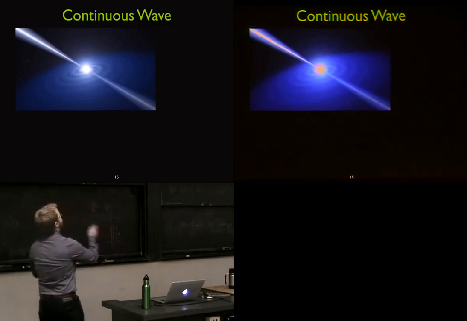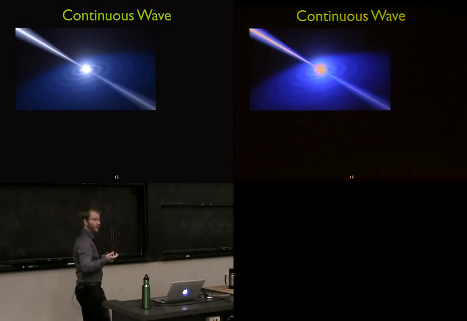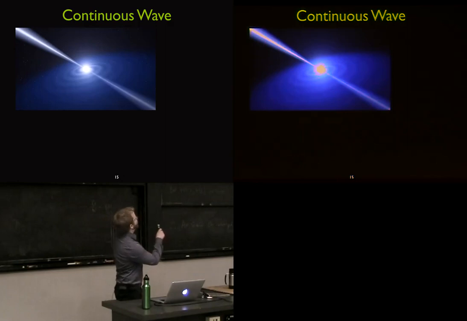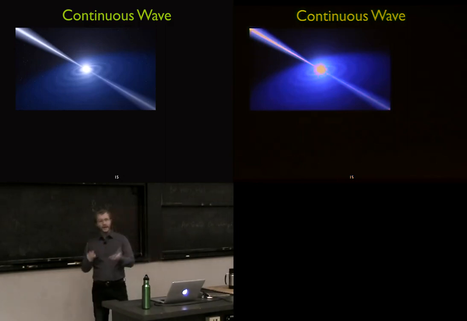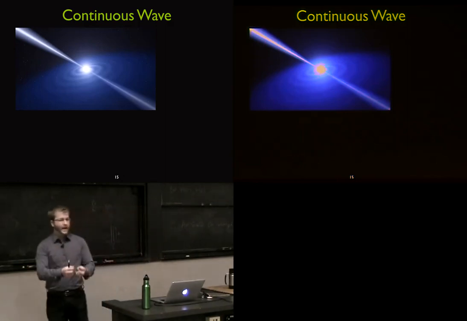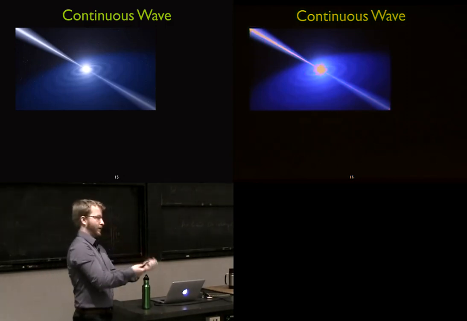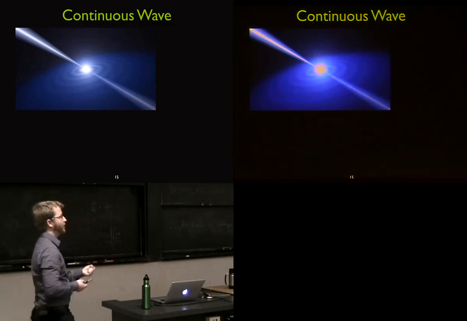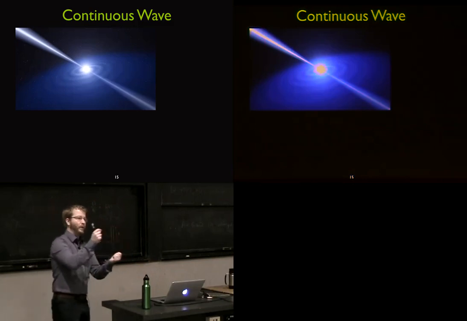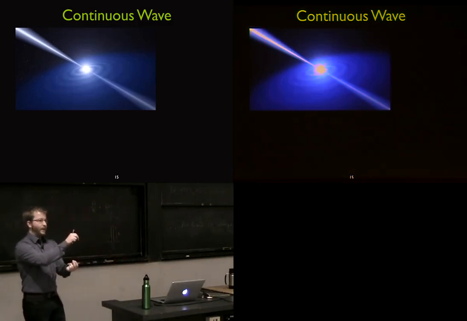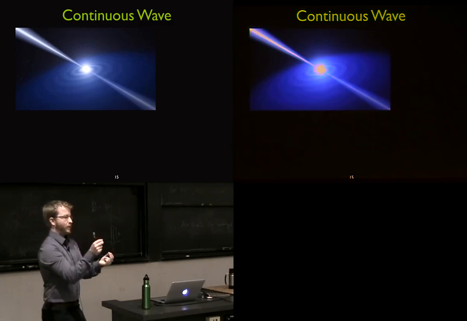But this is a typical picture of what we think a neutron star looks like. Because they're so dense and they have magnetic fields, they have this magnetic field just like a typical bar magnet that you see. So it's got a north and a south pole, and that typically has some misalignment with the axis of rotation.